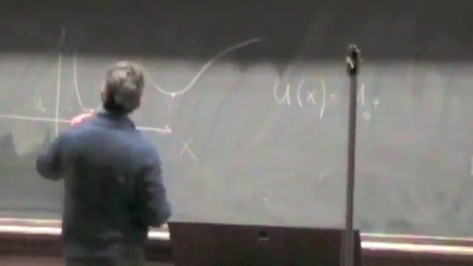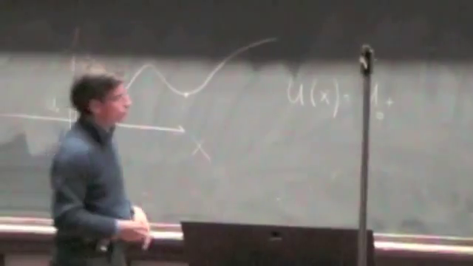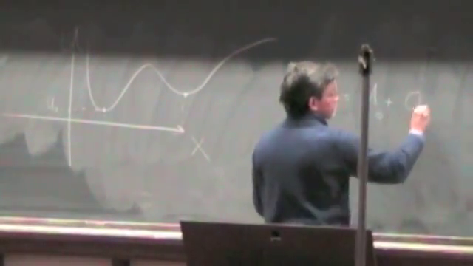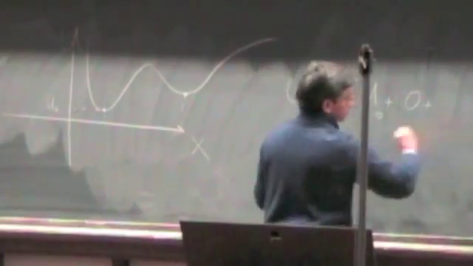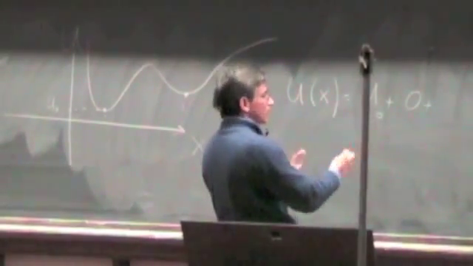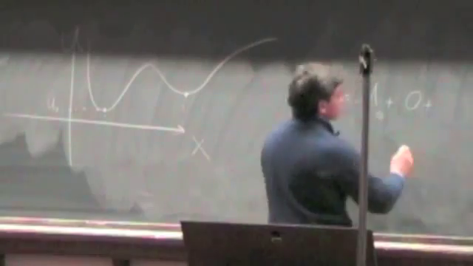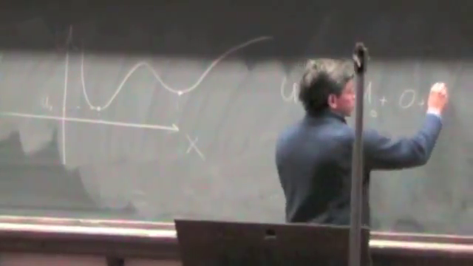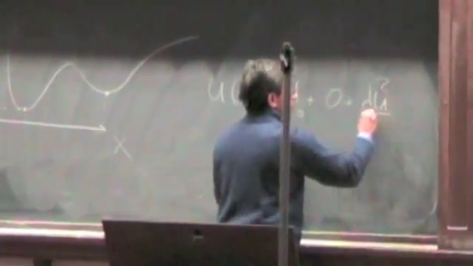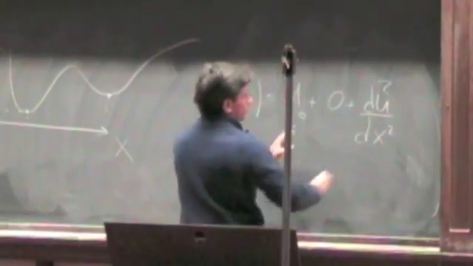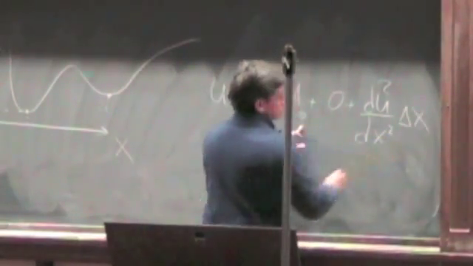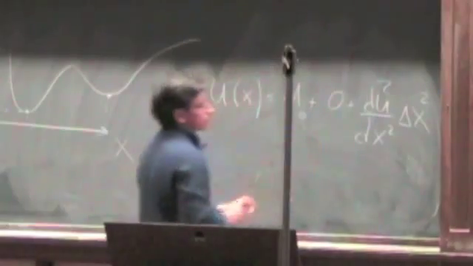If it's a minimum, the slope is 0, so I don't have to worry about a term that has to do with the first derivative. There's a 0 there. The next term in this Taylor expansion, if you haven't covered that, that's okay, has to do with the second derivative of the function with respect to position, and that goes with delta x squared.